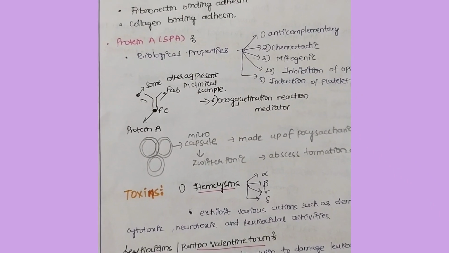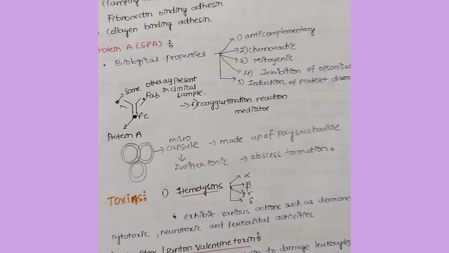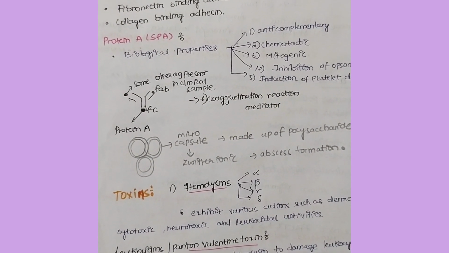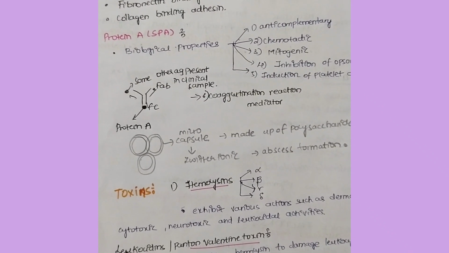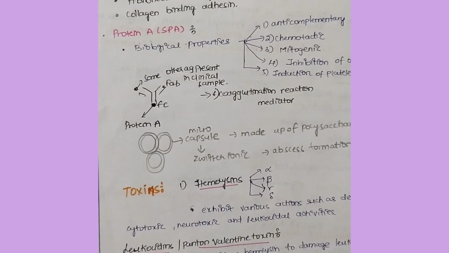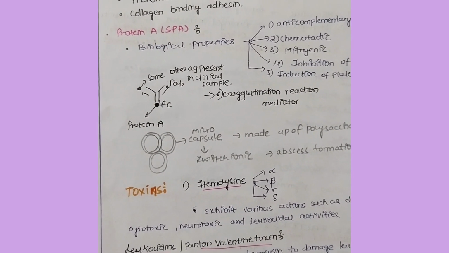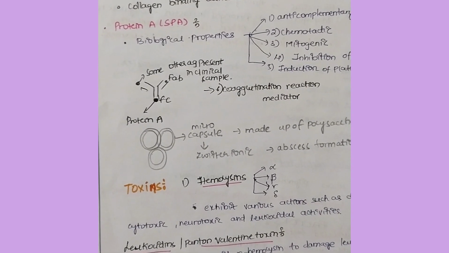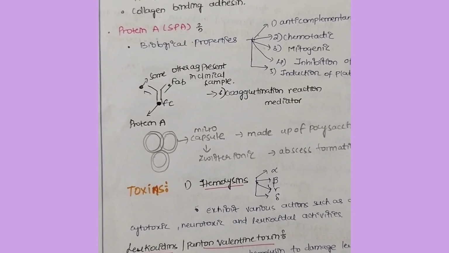Teichoic acid is made up of ribitol phosphate polymer. These bind to the mucosal surface and inhibit opsonization, so recognition won't be that easy due to the presence of teichoic acid and inhibition of opsonization.